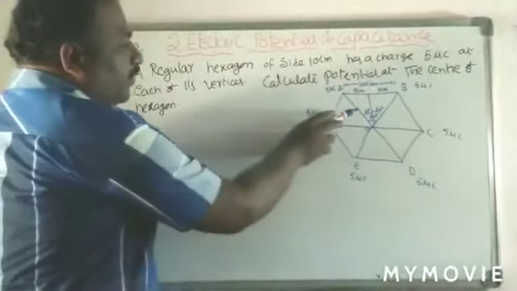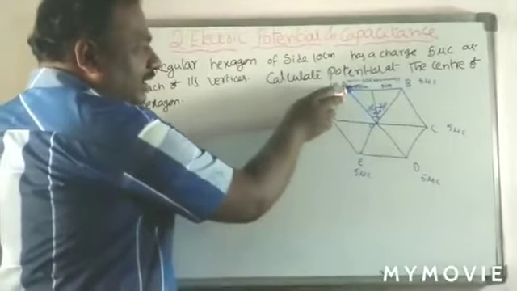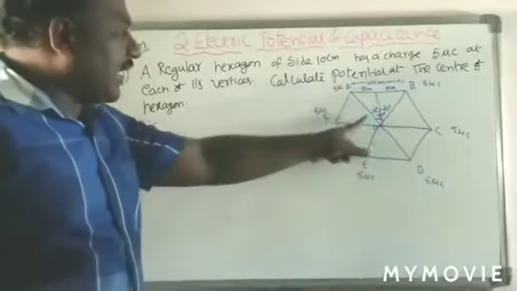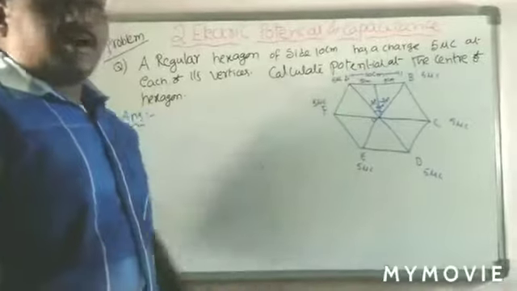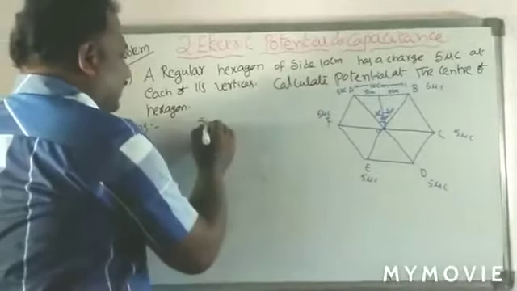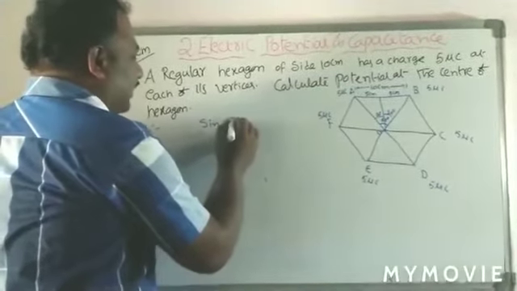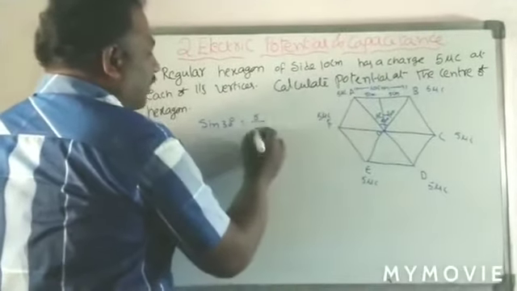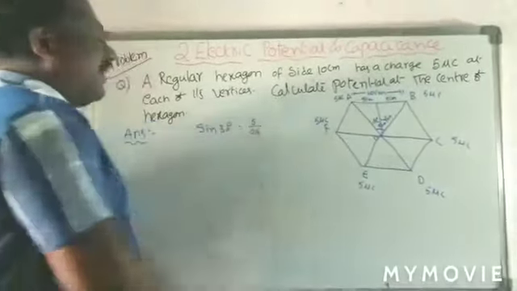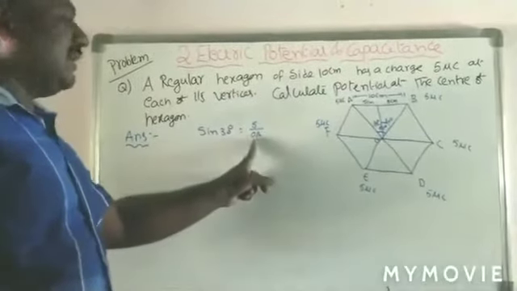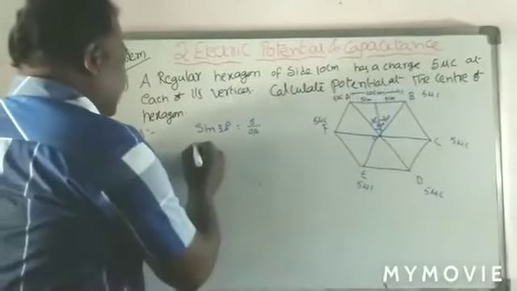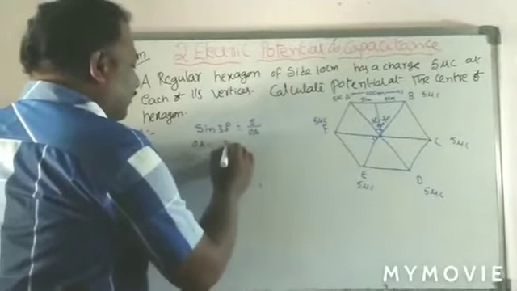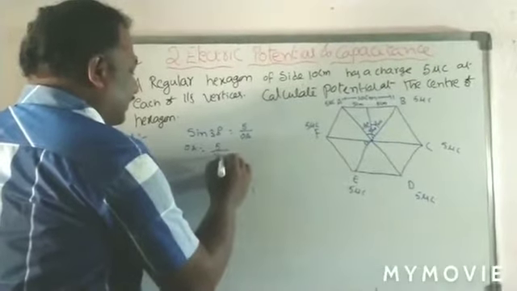From that, you know the angle and you know the opposite side. You can take sin 30. Sin 30 is equal to the opposite side 5 by the hypotenuse OA. Here the required value is nothing but the distance OA. The distance OA is equal to 5 by sin 30.